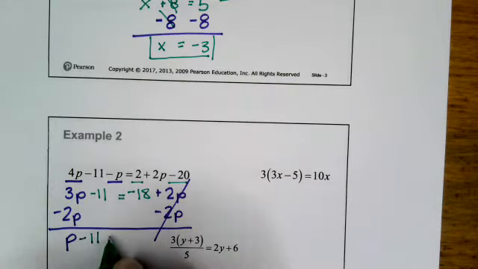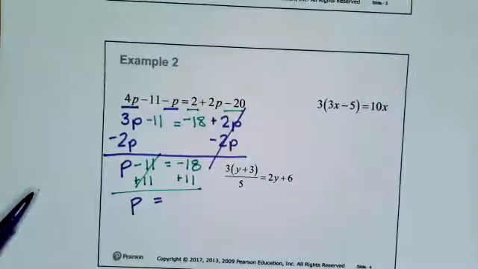Now I have p is, because these canceled, p is negative 18 plus 11 is negative 7, right? Yes. So now I've got p is equal to negative 7.